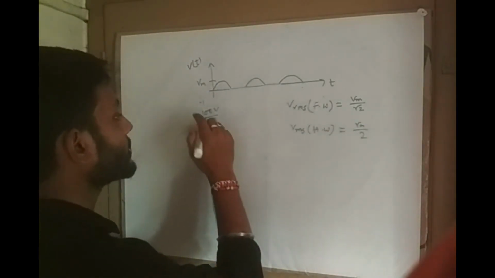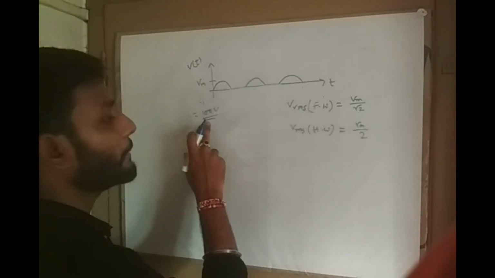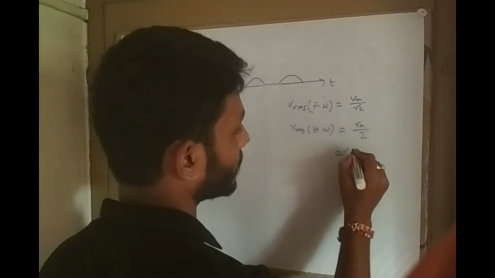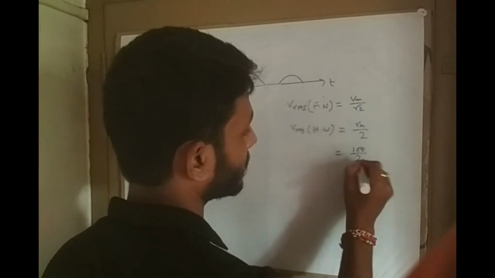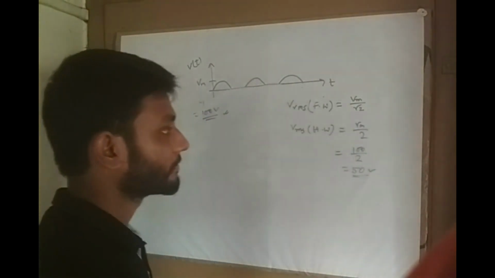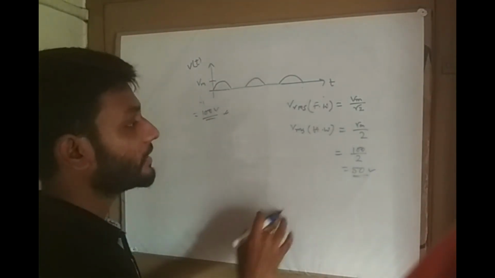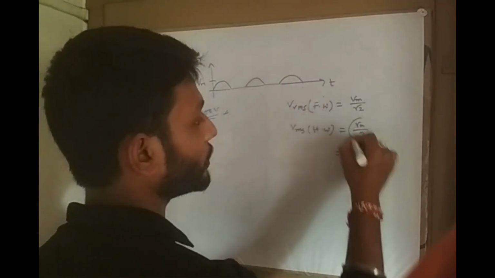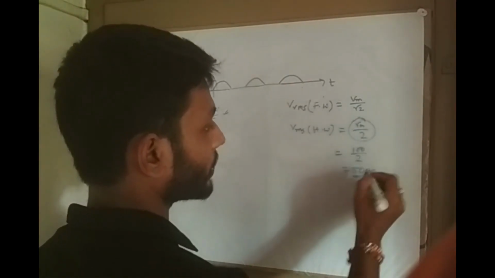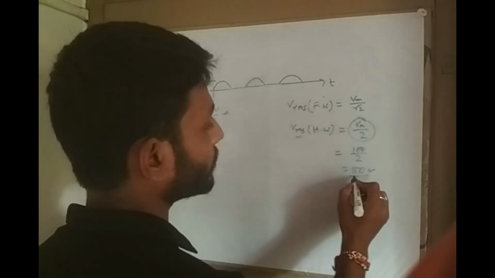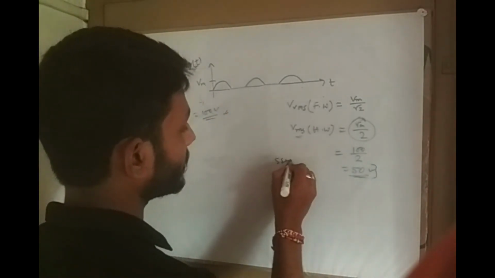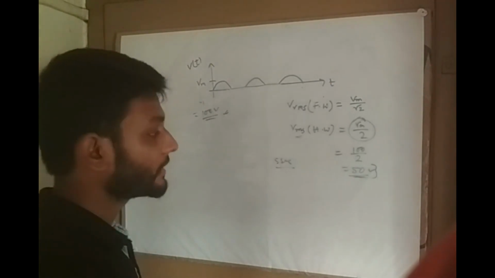In the question, the maximum value is 100 volt. If we put 100 volt here, then the answer will be 50 volt. See how easy it is. As we know this, the RMS value of 50 volt comes hardly within 5 seconds. It's easy.